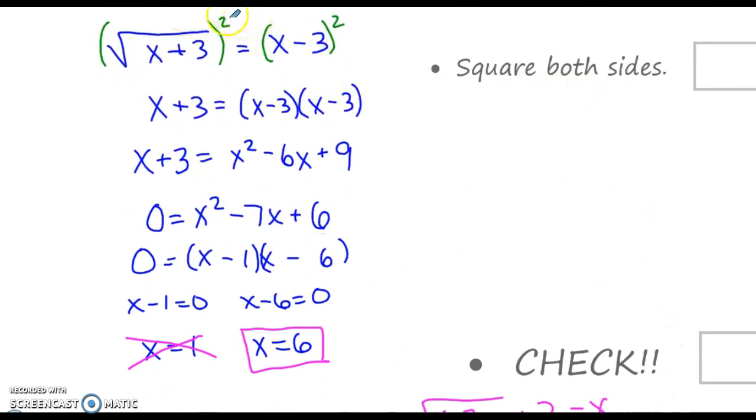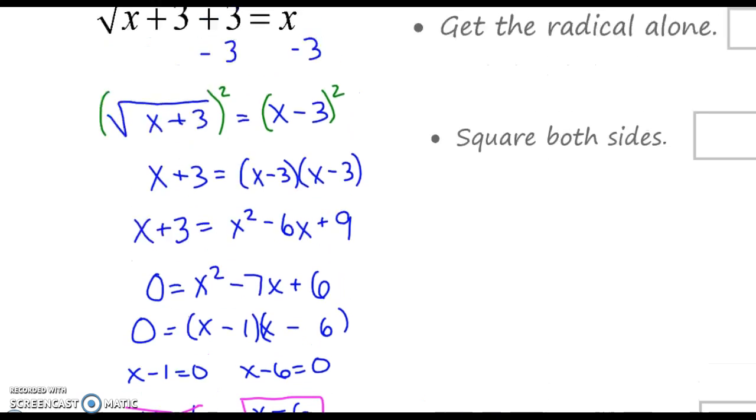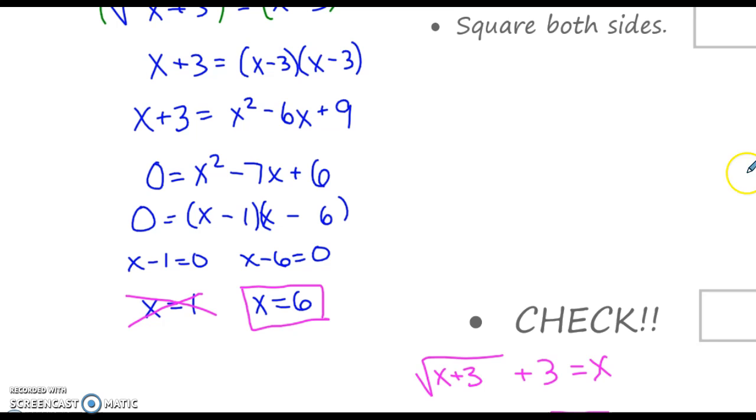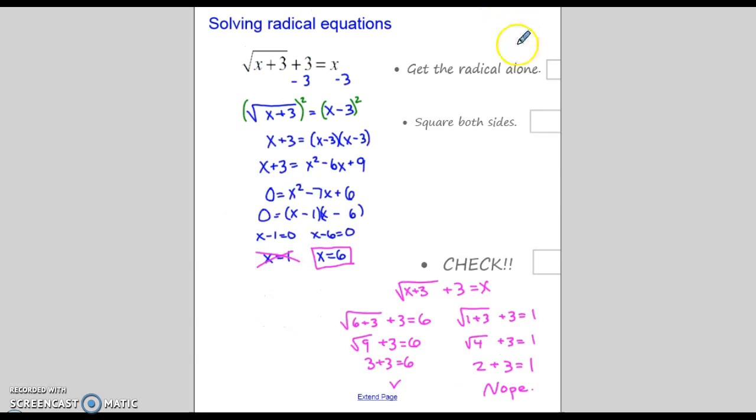So in that step, we actually added in an extra answer, and the only way to find out if we did that is to check our answers when we're done. You must check your answers when solving radical equations. Whenever you square both sides of an equation, you might be adding extra answers, so make sure you check. So there you go. That is solving radical equations, and that's it for section P7. Way to go.